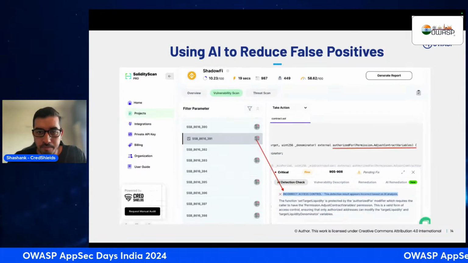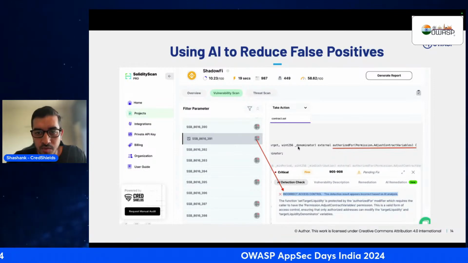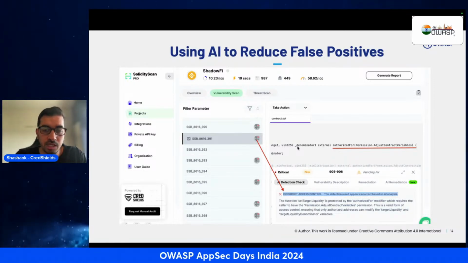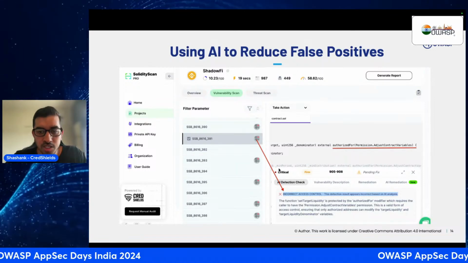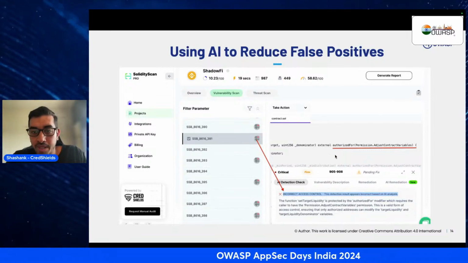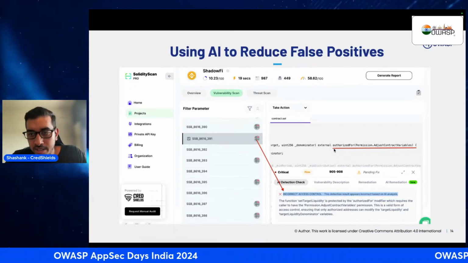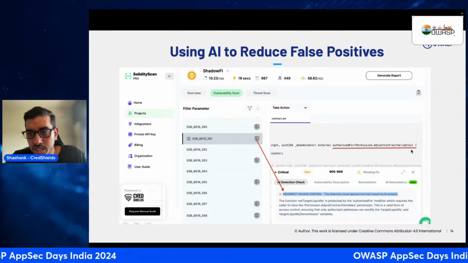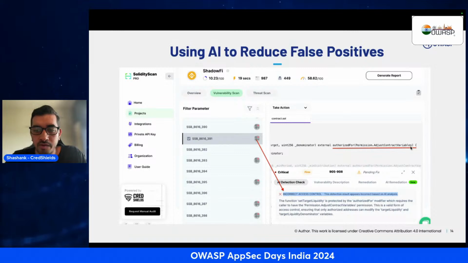Let's see another example where it detected a false positive. You can see there was a function which was previously flagged as a valid bug, and when passed through the AI, it said that this appears to be incorrect, which makes sense, because you can see there is actually a custom permission check available: authorized for permission adjust dot contract variables.